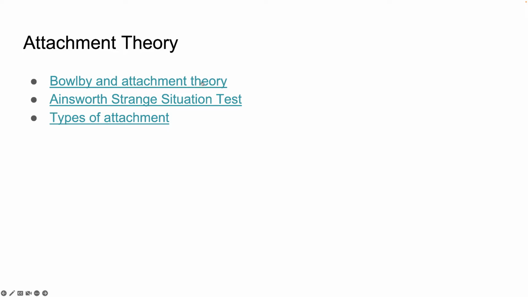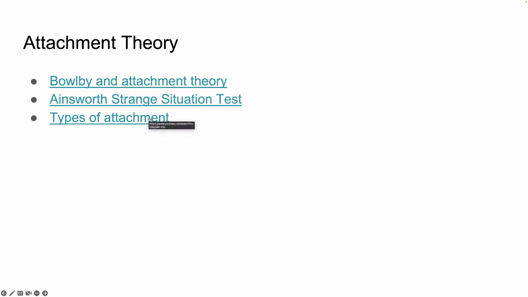There are 3 YouTube videos here. There's a bit of overlap. Bowlby was the first one to come up with a theory of attachment. And I think this is pretty interesting, and none of these are more than maybe 8-10 minutes long.